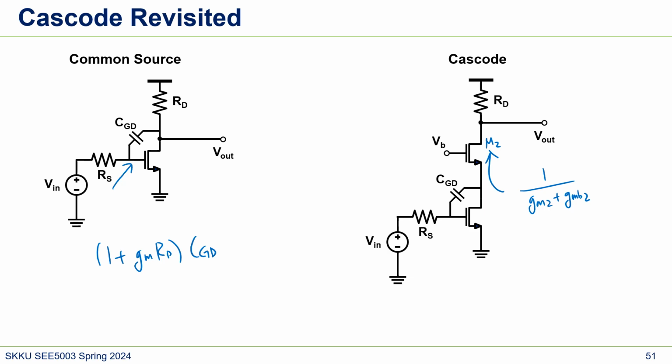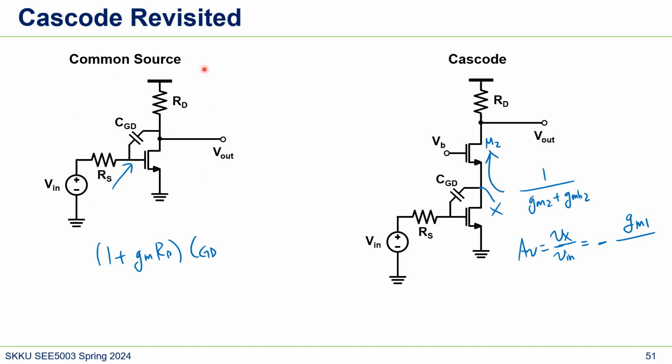So the gain is, what is it? The gain is minus, just roughly, at this node, we can say X. The gain, which is Vx over Vin, is minus GM1, and what we do is just multiply by the resistor here.